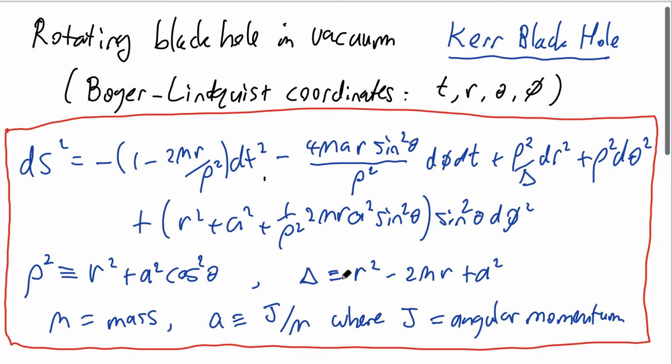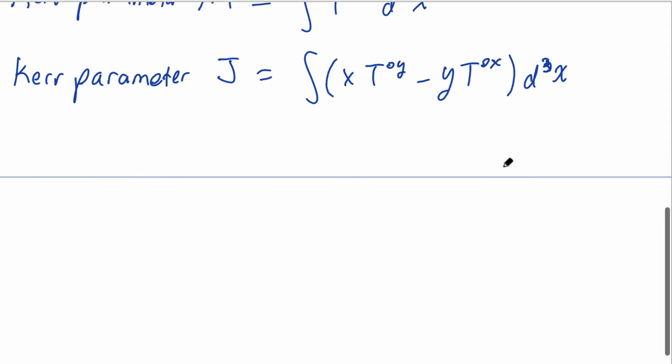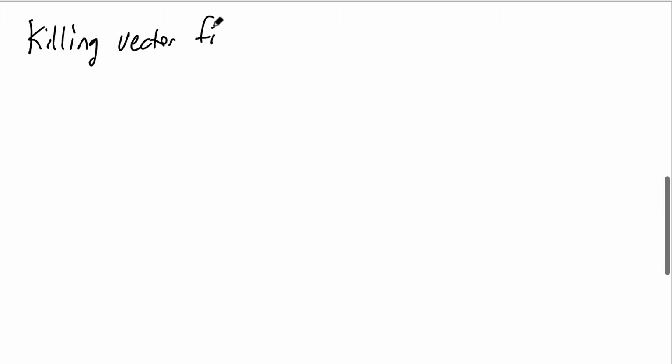You'll notice that in Boyer-Lindquist coordinates, the metric components are independent of the coordinate t, and they're independent of the coordinate phi. So that means we have two Killing vector fields, d/dt and d/dphi.